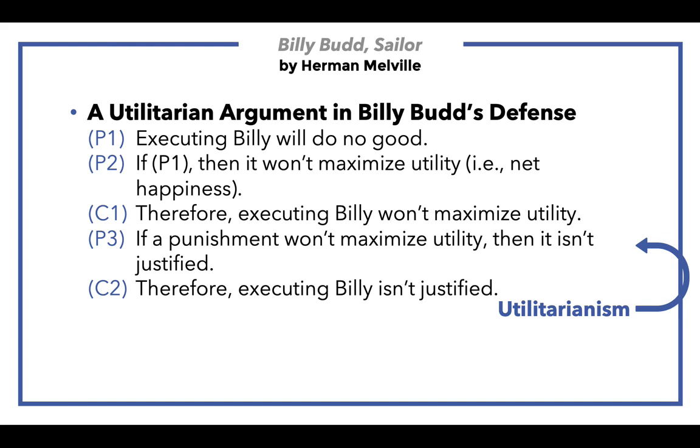So what do we expect to happen if we execute Billy? What do we expect to happen if we don't execute Billy? What's the probability that this is going to prevent a mutiny? If it's a really high probability that it's going to prevent a mutiny, then maybe it's justified according to utilitarianism. If it's a really low probability that it's going to have any effect, if probably nobody's going to revolt, then utilitarianism is going to say that it's not justified.